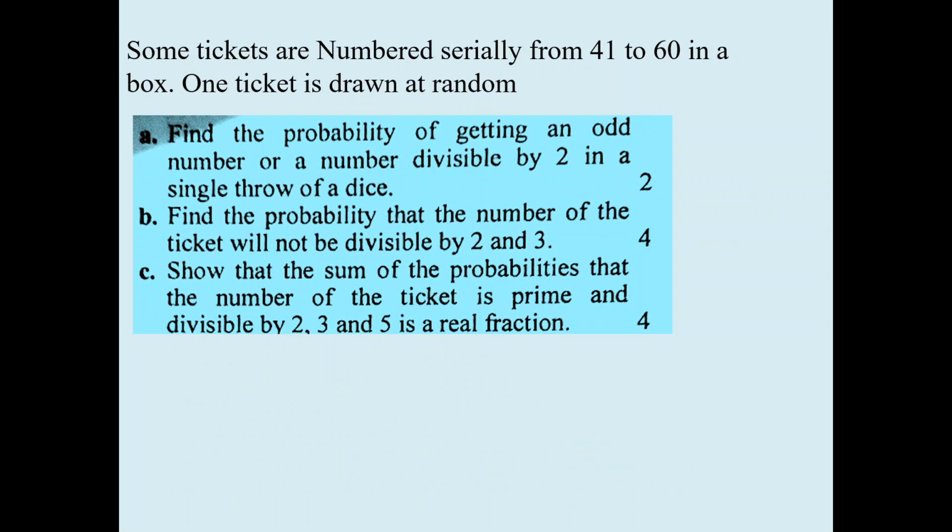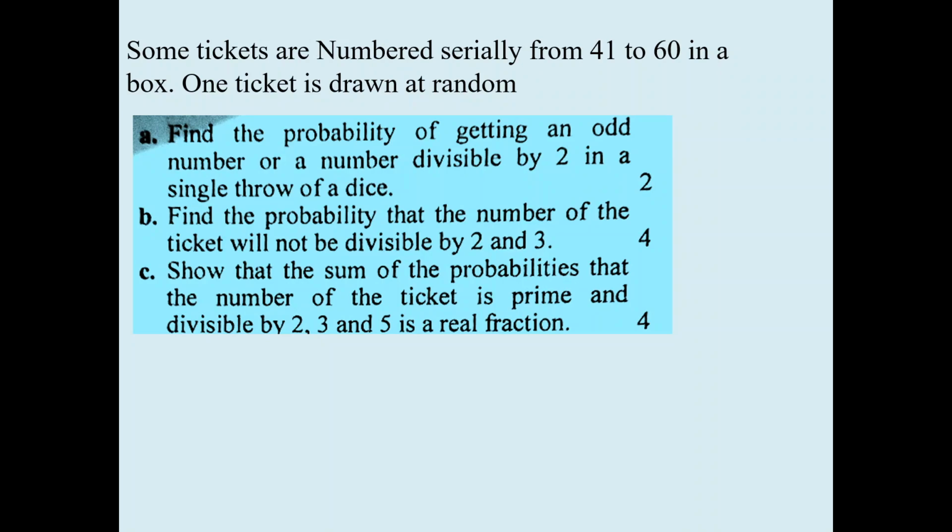Now, a creative question. This creative question is very important for your exam. Some tickets are numbered serially from 41 to 60 in a box. One ticket is drawn at random. Question A. Find the probability of getting an odd number or a number divisible by 2 in a single throw of a dice.